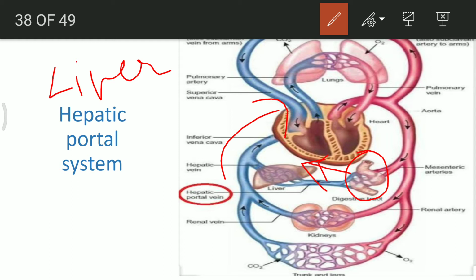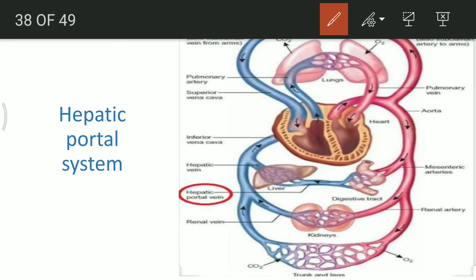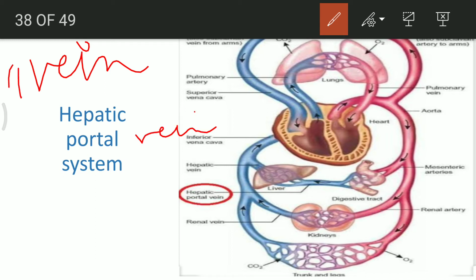Now, there is one quite important thing to understand, that there are various components of this. The hepatic portal system includes a large vein, the hepatic portal vein. This is the first thing.